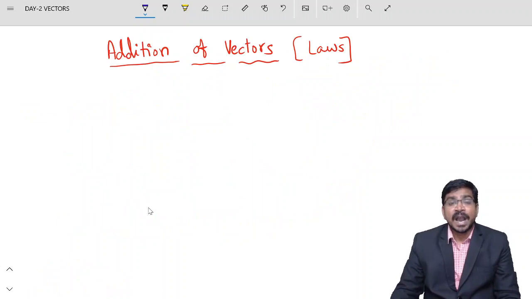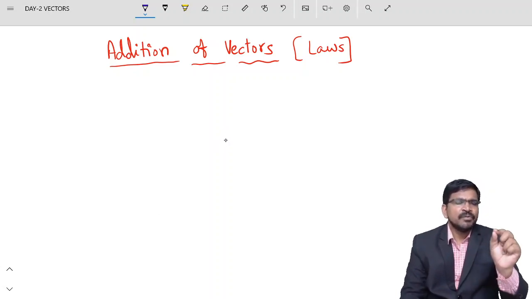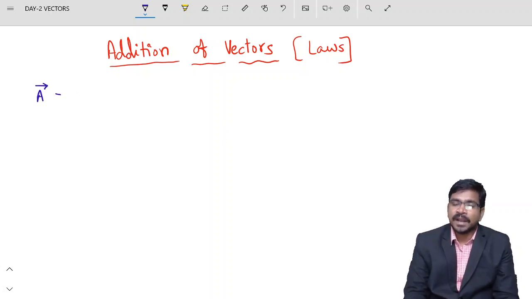Next discussion, addition of vectors. We have two laws for addition of vectors. Before going to the laws, let me give you one analytical method for vectors given in rectangular form.